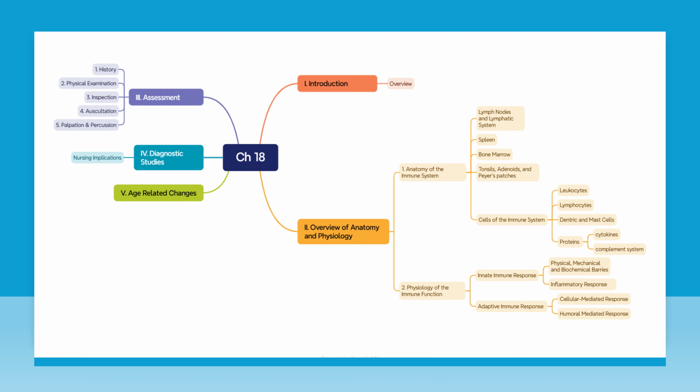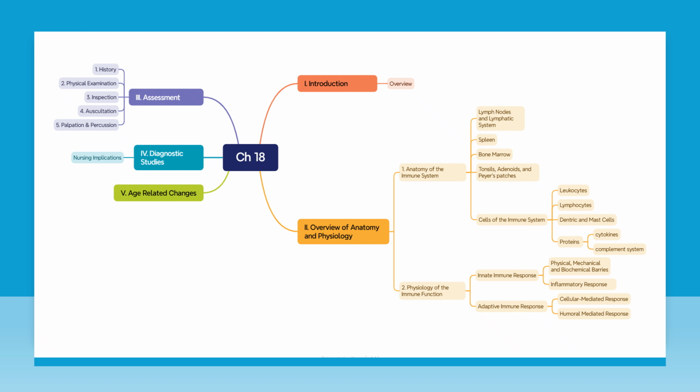This is basically the brain map. If you read this concept map, you'll see what area you need to work on, and then you go to the chapter and find out the area where you lack.